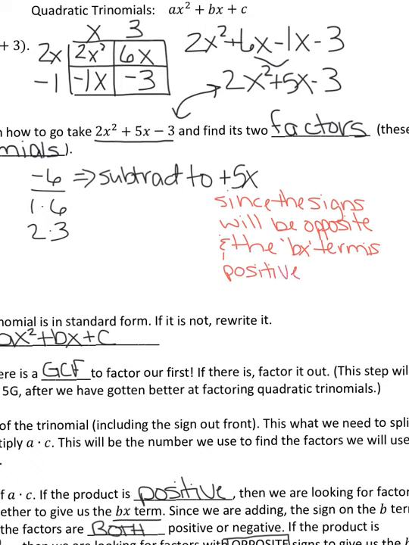Since the signs will be opposite and the bx term is positive, the bigger factor will be positive. Right? So since the signs will be opposite and the bx term is positive, the bigger factor will be positive.